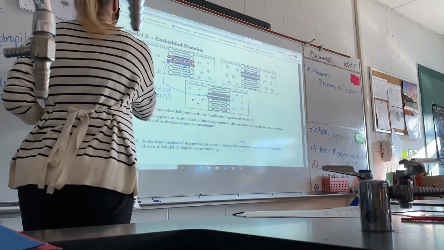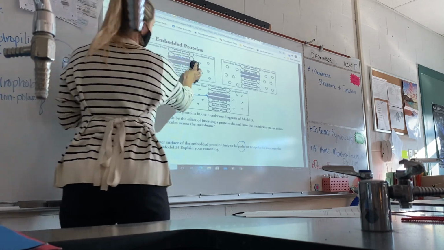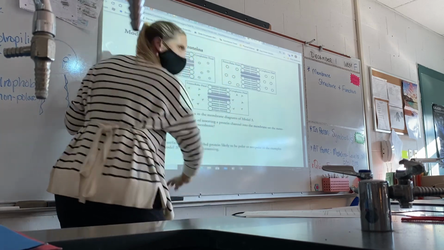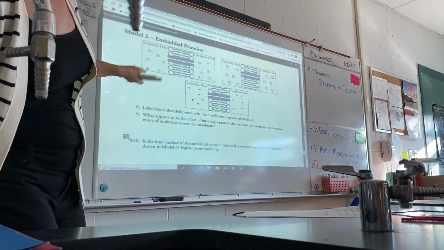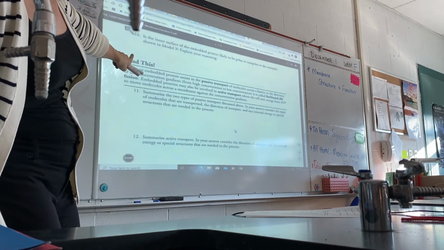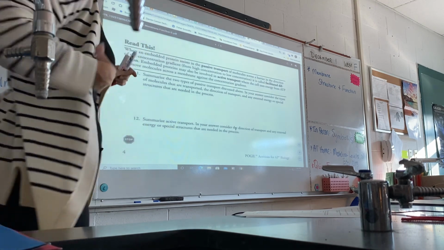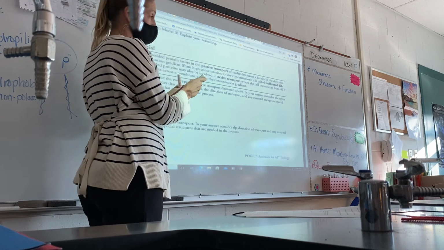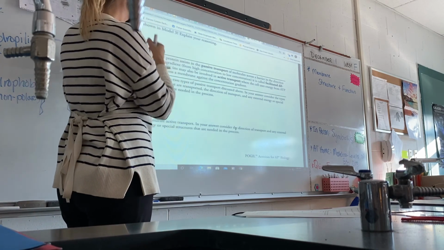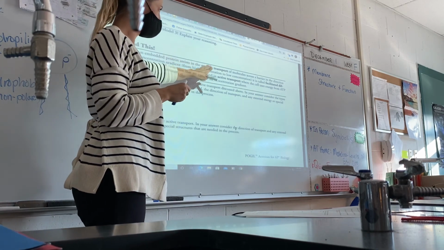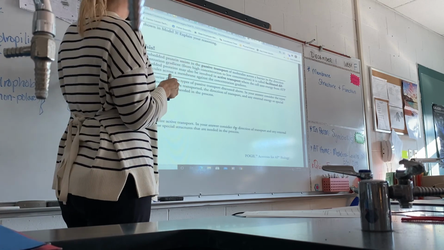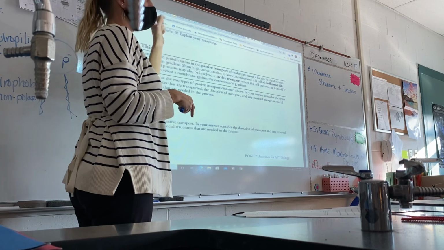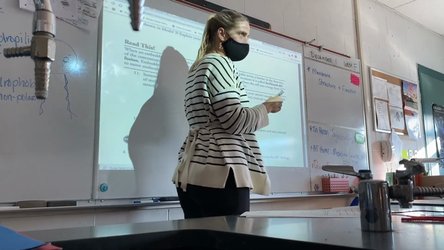And so read this section, since the bell hasn't rung on me yet. I just want to point out that it's summarizing a little bit of what we just talked about. What you're seeing there in those images is something called facilitated diffusion, okay? So when an embedded protein assists in the passive transport of molecules in the direction of the concentration gradient, so again, going from high to low, it's called facilitated diffusion.